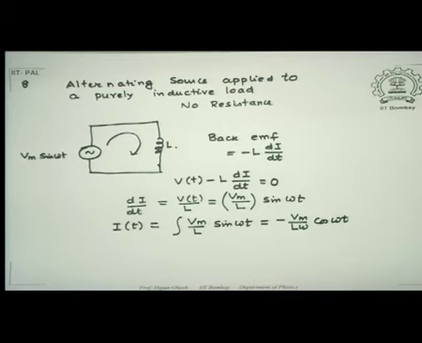So notice this: in case of a purely resistive circuit, the trigonometric form of the time variation of both the current and the voltage was identical, but now I have a difference.